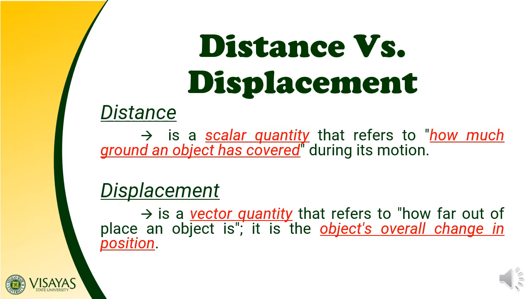It is independent of the direction of the motion of an object, while displacement, being a vector quantity, is more focused on both the magnitude and the direction of travel. Also, displacement is the object's overall change in position. So meaning, if an object doesn't change its position during its travel, there will be no displacement.